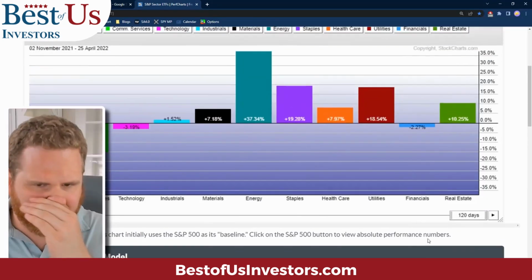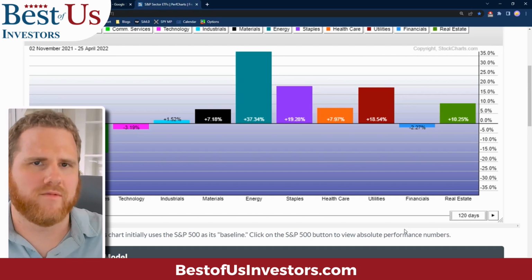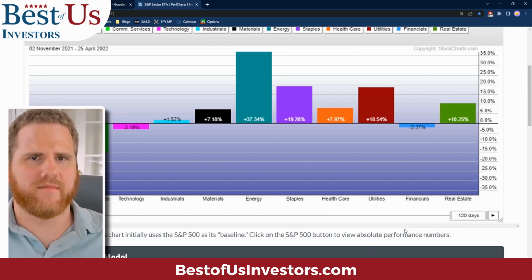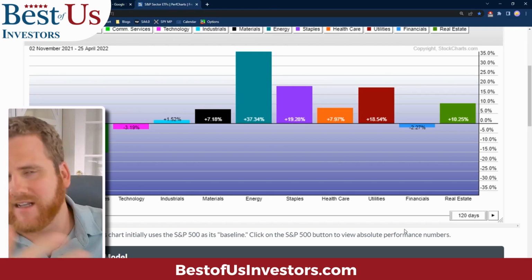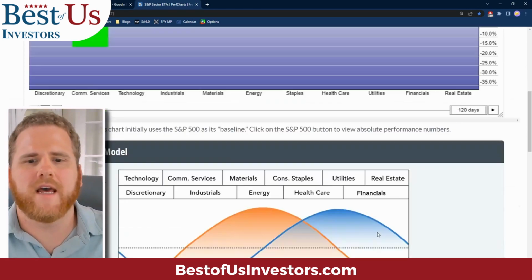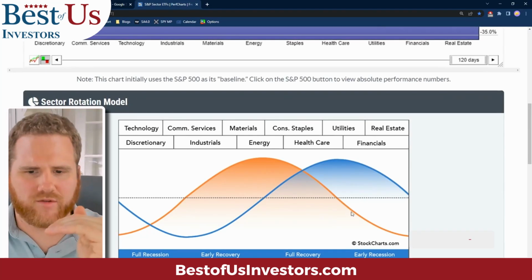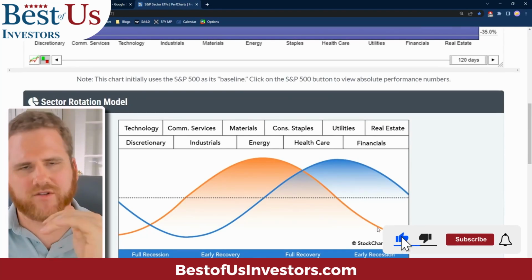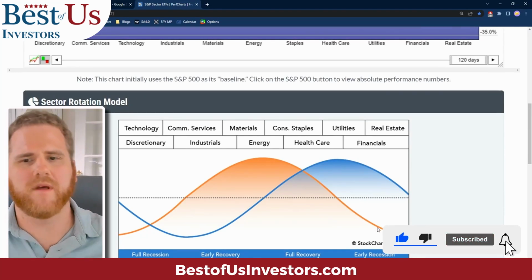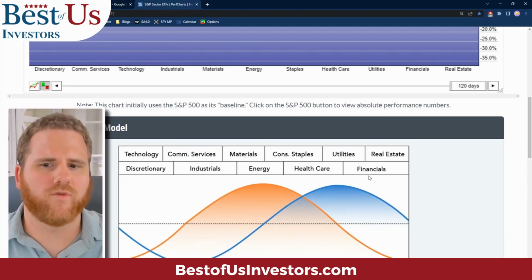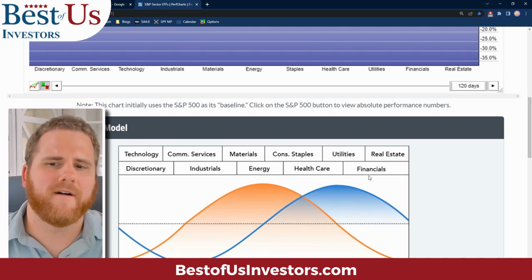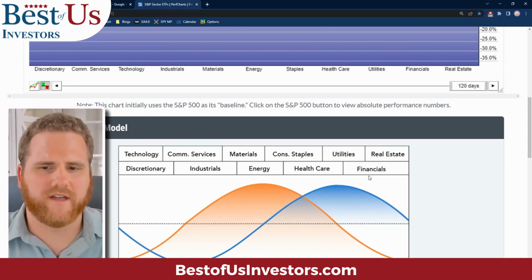Now, if we take the model as a guideline and we try to extrapolate what should come next, and as a promise, that's what we're going to do. As the market begins to approach a bottom, as it begins to sort of round out its bottom, there are two sectors that should begin to outperform. That would be financials and real estate.